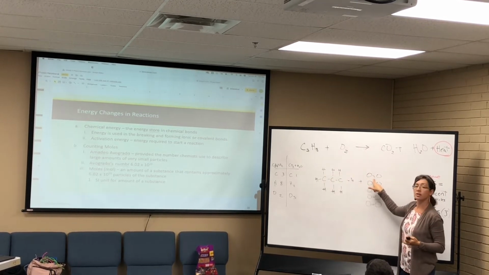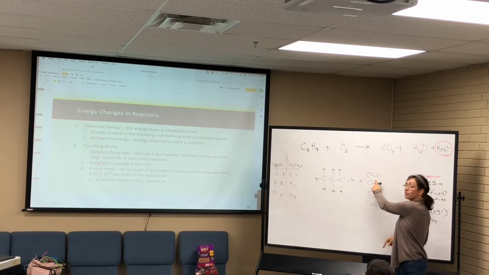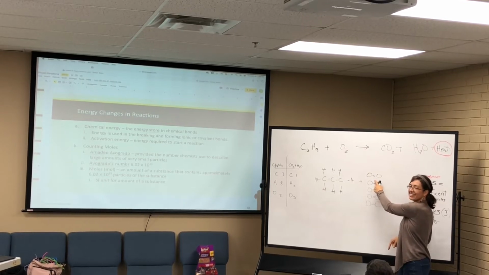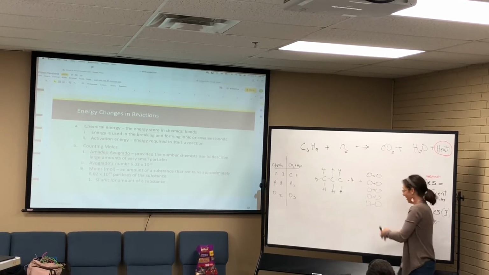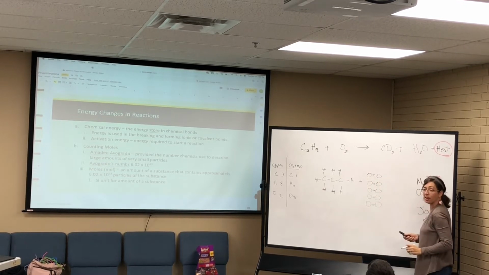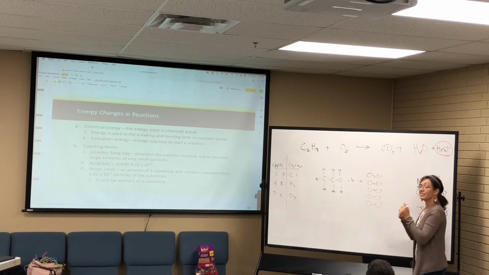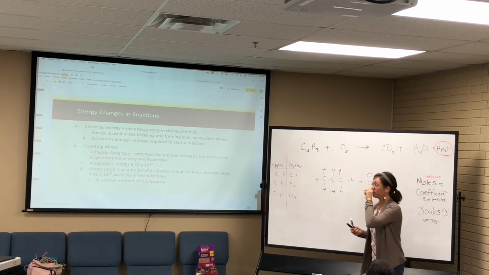What were these called? Remember that from the last one? We had single bonds and double bonds. And if we had something held together with three, it would be a triple bond. Excellent. Taking notes would benefit you guys.